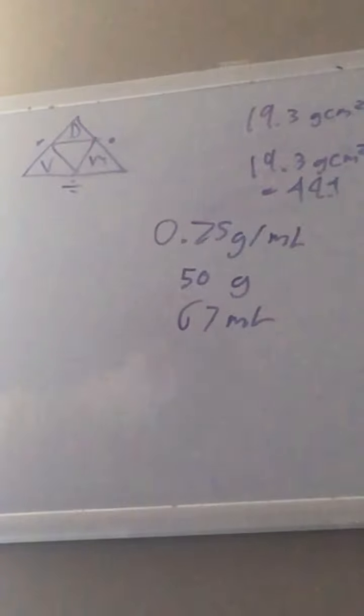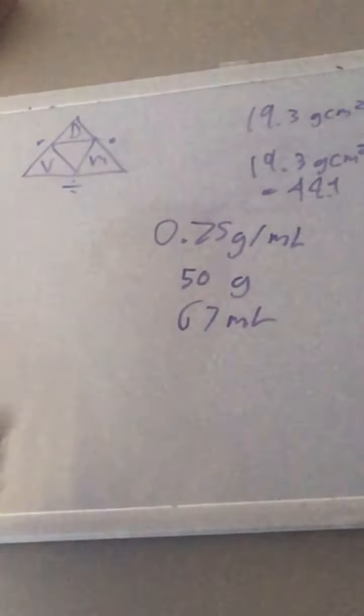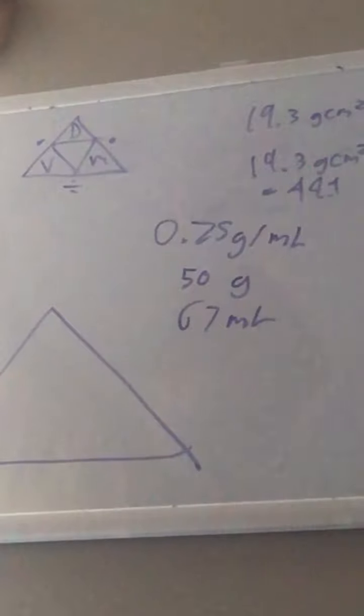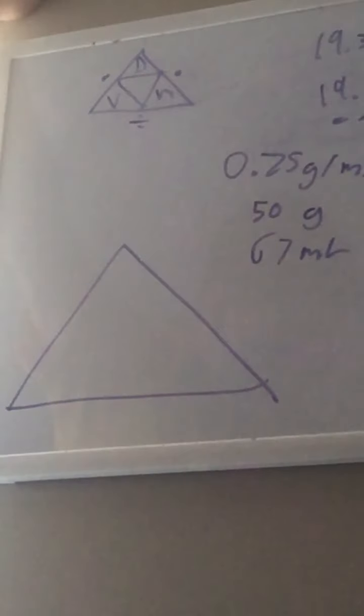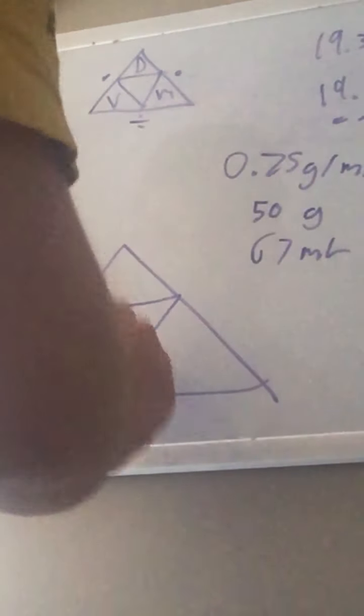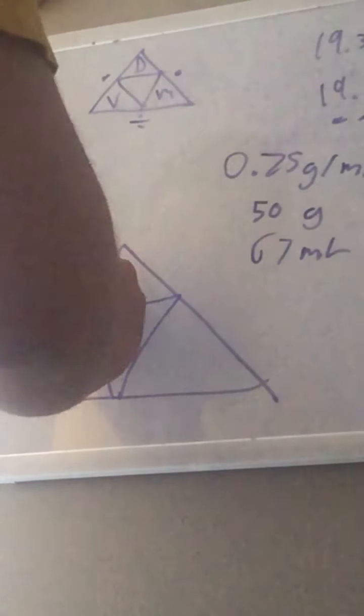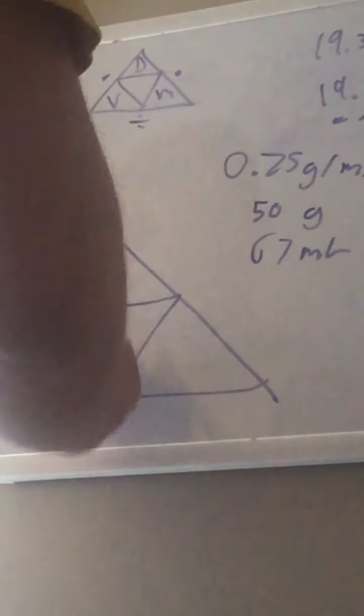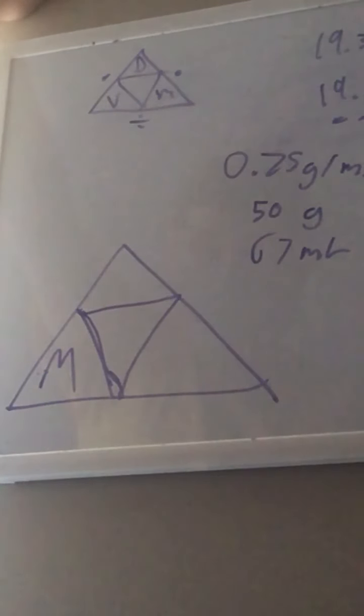Now remember this trick. Remember the Triforce right here. I'll redraw it a little bit bigger down here. For all you Zelda fans out here, this is a reference so that way you can also learn chemistry. You draw a triforce, and you put an M in one triangle for mass.